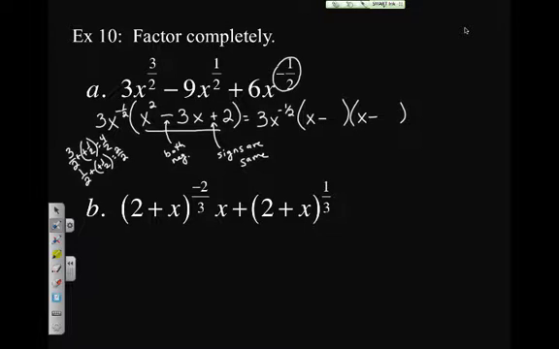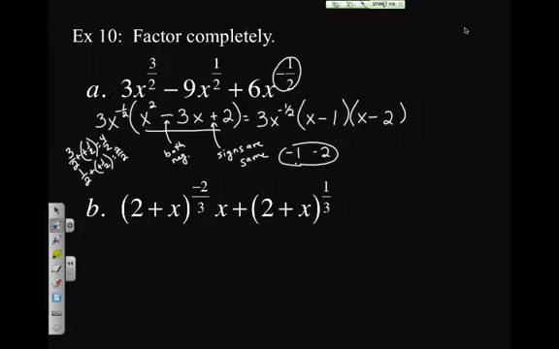Well, there's only one set of factors of 2, negative 1 and negative 2. And fortunately for us, they add up to be negative 3, so they will work. And since they work, that's our factorization. 3x to the negative 1/2 times x minus 1 times x minus 2.